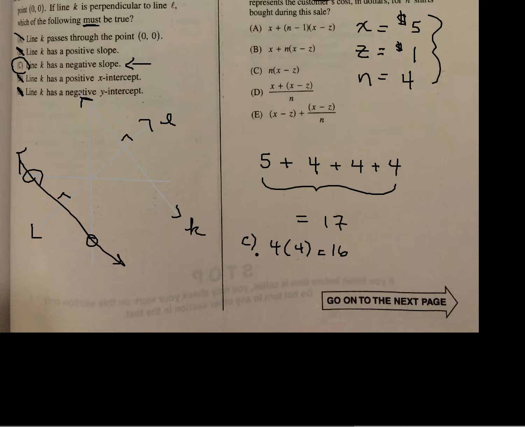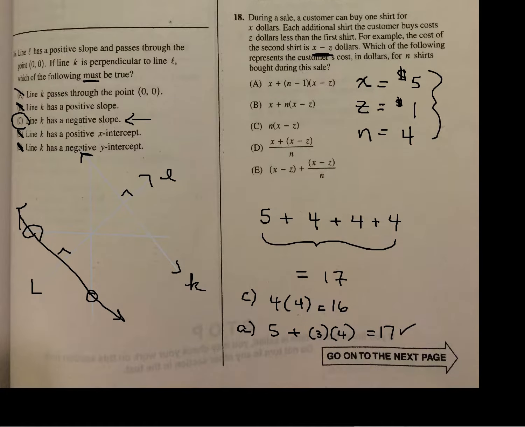If we go into A, because that's the right answer, it's going to be 5 plus N minus 1. So N minus 1 would be 3, times X minus Z, which would be 4. We get 17, and that's the correct one. Algebraically, this would be your first shirt right here.